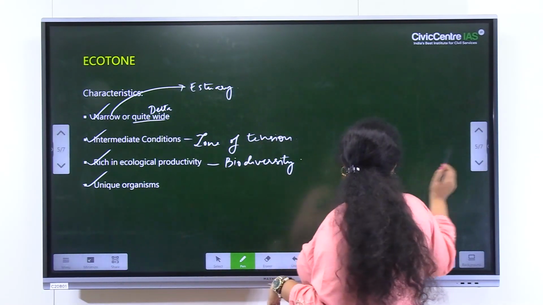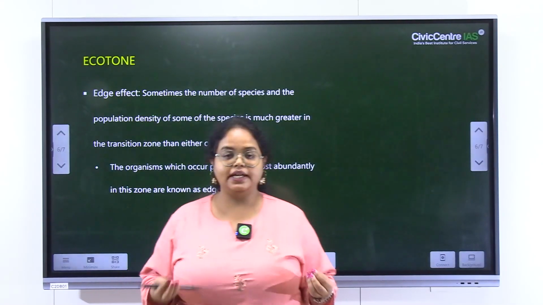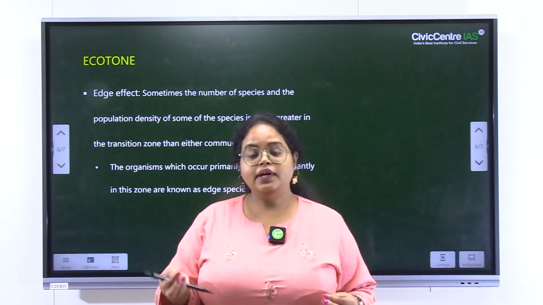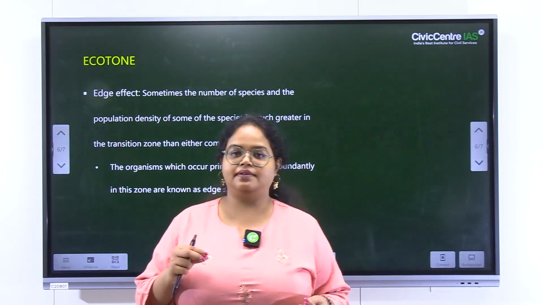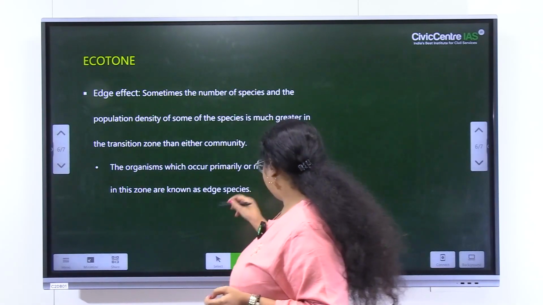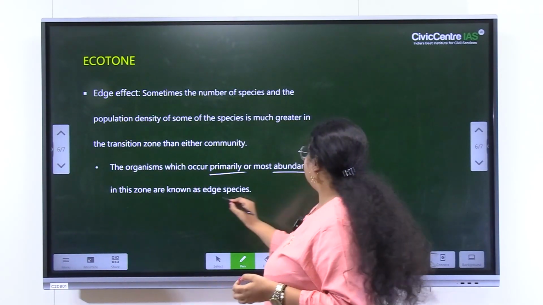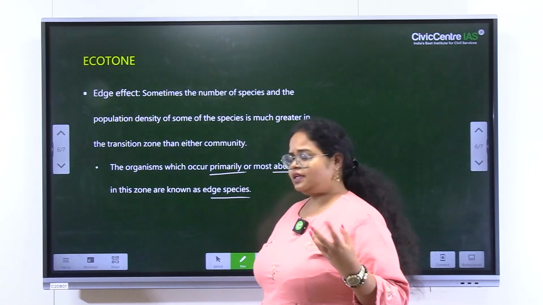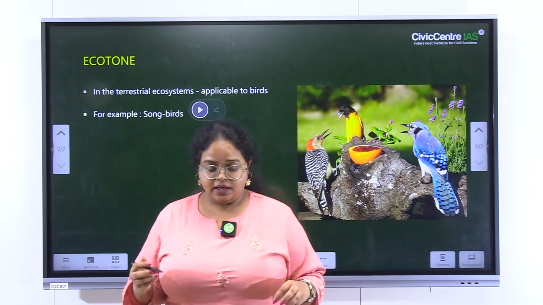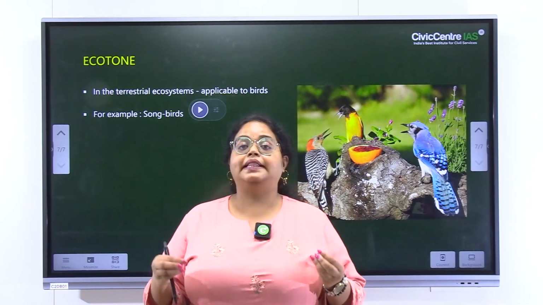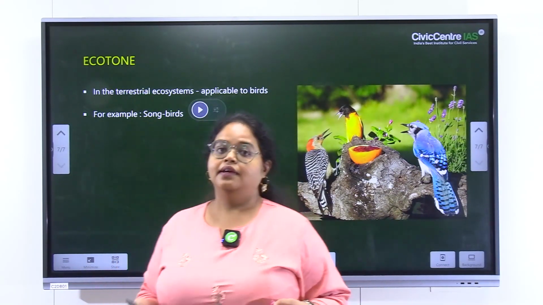In this zone of junction, we often find the population density of certain organisms is more than in either of the communities. This effect is called the edge effect. And the species that primarily or mostly occur in this kind of zone are called edge species. For example, let's look at songbirds. Songbirds are abundantly found in a transitional zone of grasslands.